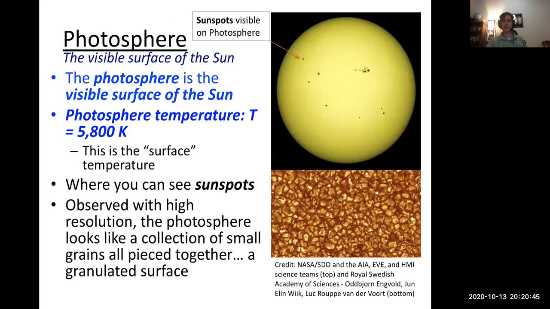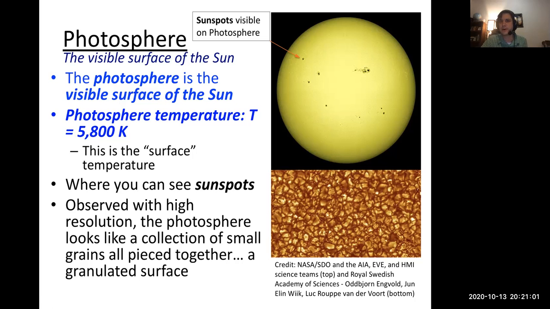So the photosphere of the sun is the visible surface of the sun. It's what we see. And you can see it looks like it's very well defined because the layer where you can actually see the light coming from is only 500 kilometers thick.